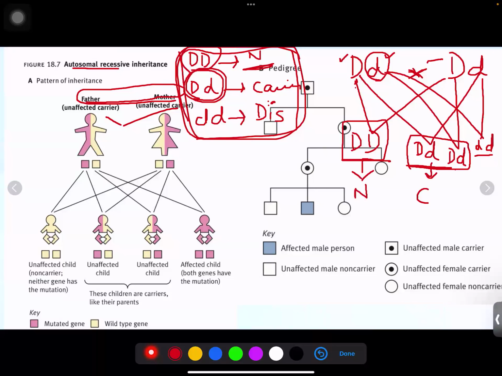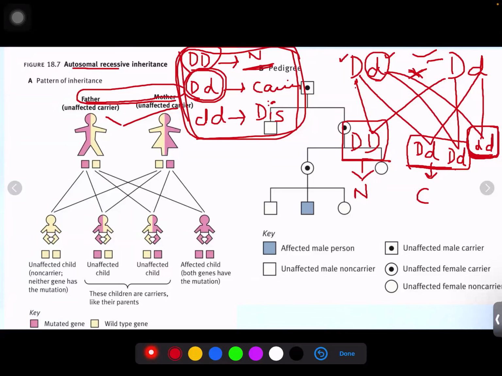So these are the carriers. And this is important. They actually ask you what the chances are if both parents are carriers of this disease, autosomal recessive. They don't tell you that this disease is autosomal recessive. They just give you an example, like cystic fibrosis.